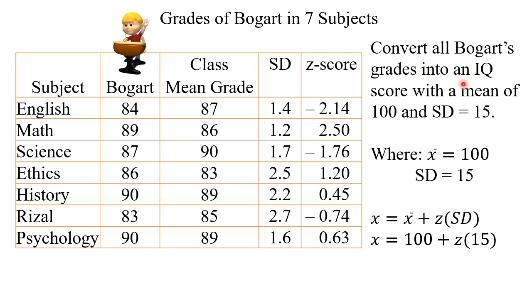The IQ score, class, has a mean of 100 with a standard deviation of 15. So we're going to use these values: the mean is 100 plus the z corresponding to these z-scores times 15 as the standard deviation for the IQ scores.